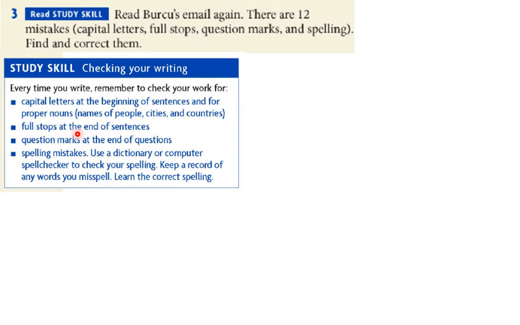Full stops at the end of sentences, question marks at the end of questions, spelling mistakes: use a dictionary or computer spell checker to check your spelling. Keep a record of any word you misspell. Learn the correct spelling.